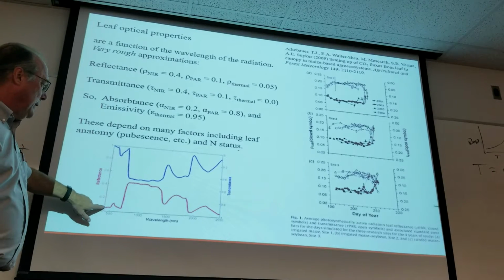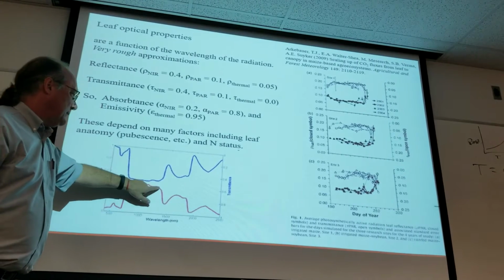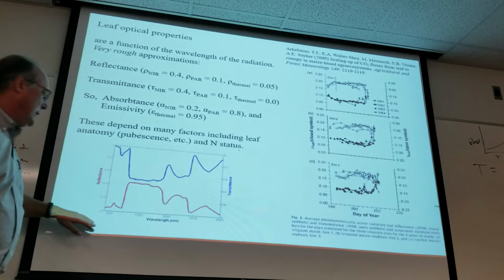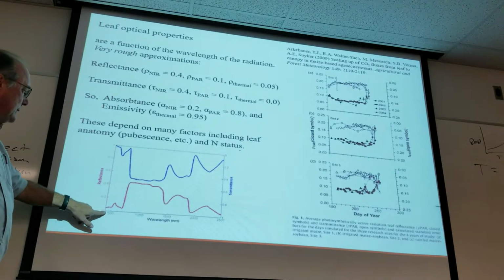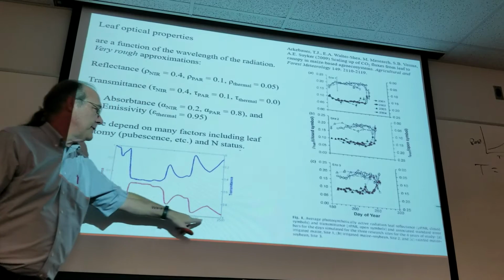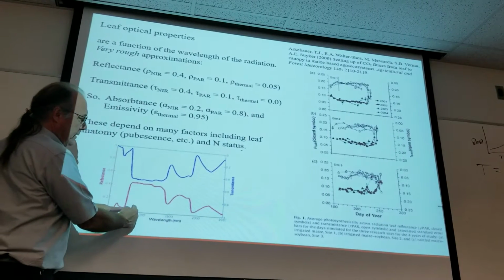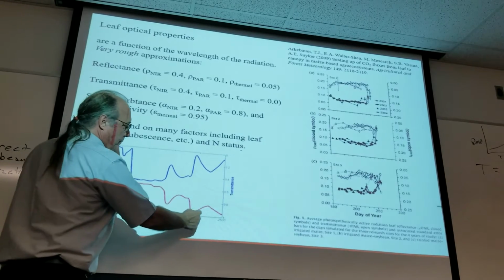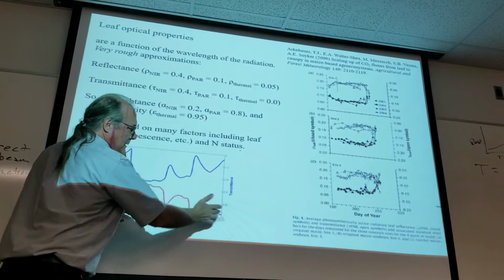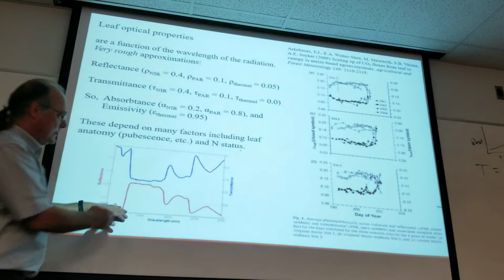graph that shows the radiation reflected from a leaf from about 400 nanometers to 2500 nanometers. So here's the visible part of the spectrum. Here's the near infrared part, and then here's the middle, or sometimes it's called shortwave infrared part of the spectrum.